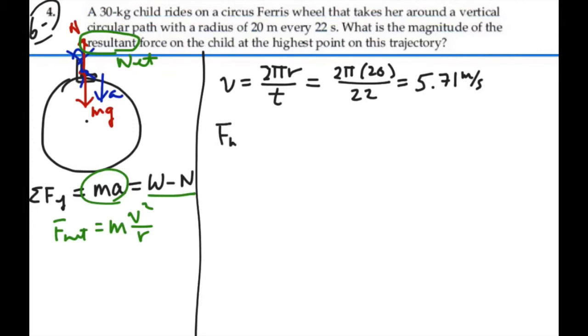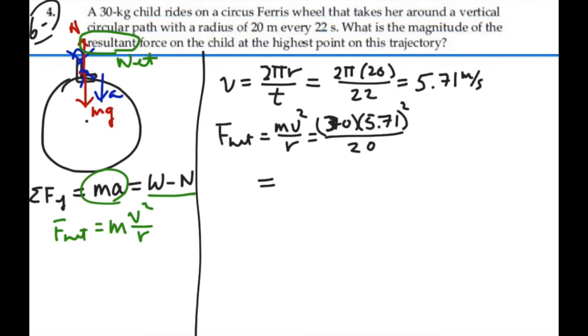So our net force, mass times velocity squared over r, is going to be 30 kilograms, from the previous problem, times 5.71 squared over the radius, which is 20 meters. And that's equal to 48.9 newtons. So that is the net force acting on the child.